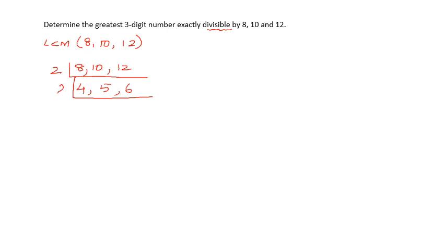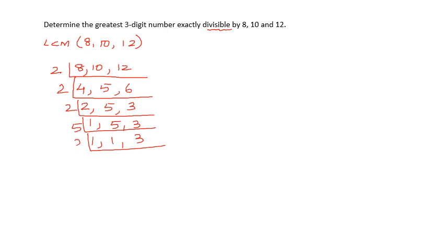Now we are moving to find the LCM. 2 2s are 4, 5, 3 2s are 6. Then I have to divide by 2, 1, 5, 3. I have to divide by 5. I'll get 1, 1, 3. And then I have to divide by 3. I'll be getting 1, 1, 1.